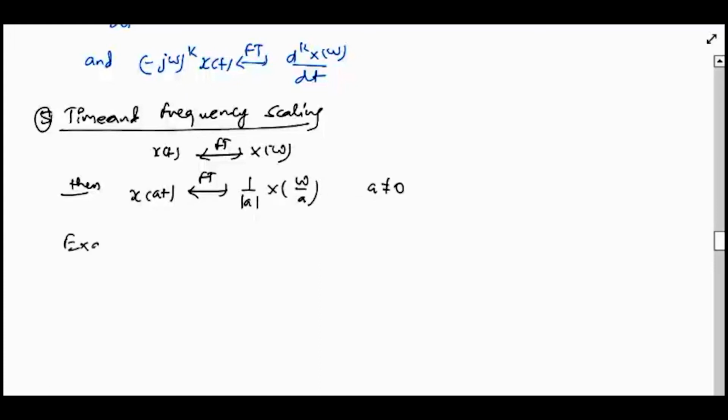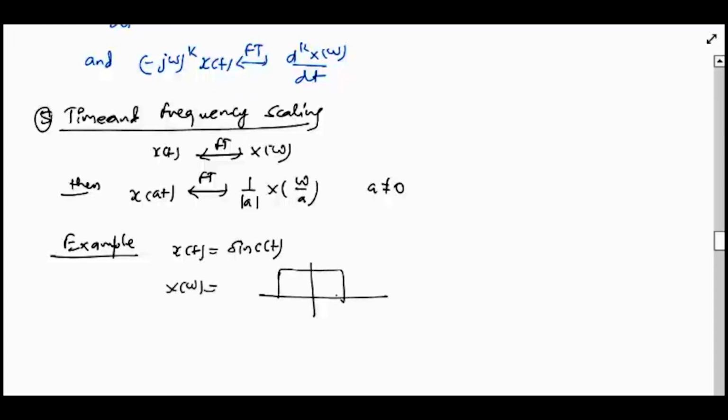Let's see an example. Recall that x(t) equals sinc t has Fourier transform X(omega), which is a pulse signal, as follows. So this is 1 between minus pi and pi, and 0 otherwise.